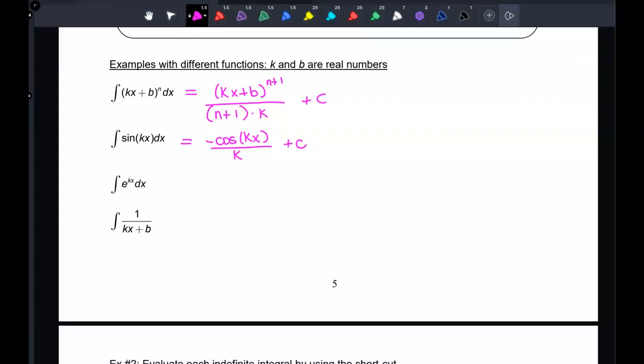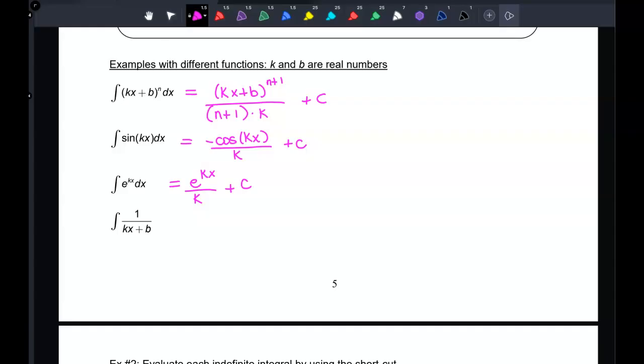These are just a couple of examples with different functions. If it's e to the k times x, it's going to become e to the k times x divided by k plus c. You should start to see a pattern. We're always going to divide by that constant, that coefficient k.